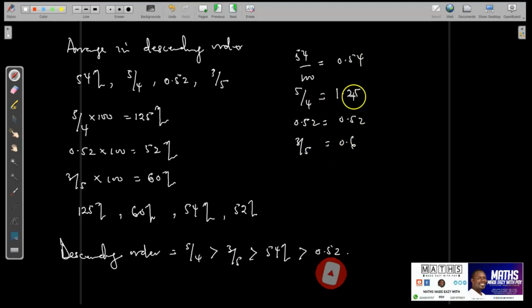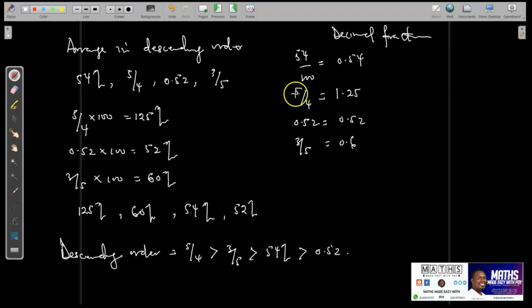So this is another way of doing it, using the idea of decimal fractions. So you realize that they are all written to two decimal places, and we also have a whole number section.